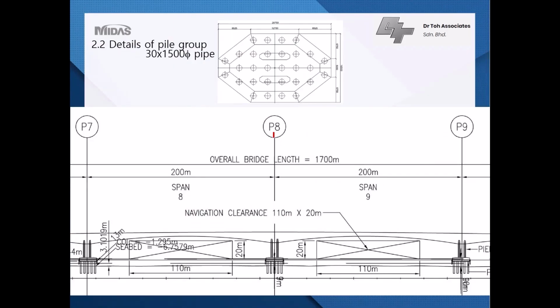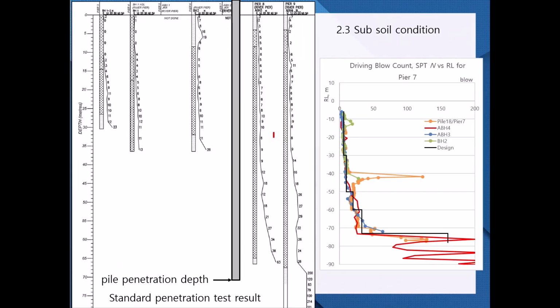This is the part of the long sections of the bridge. There's one pile group for every 200-meter distance across the river. And for each pile cap, there are 30 steel pipe piles. This is the SPT N plotted against the depth from the nearby boreholes.